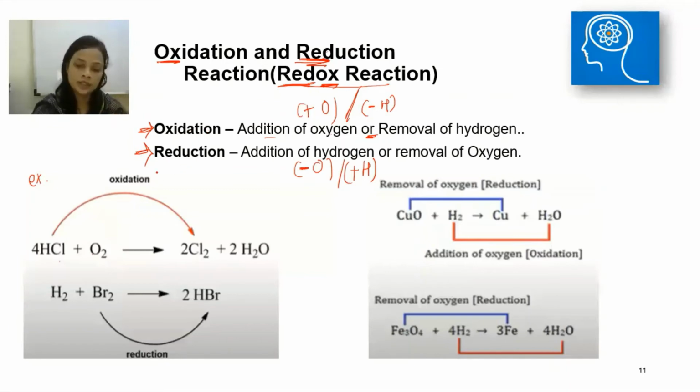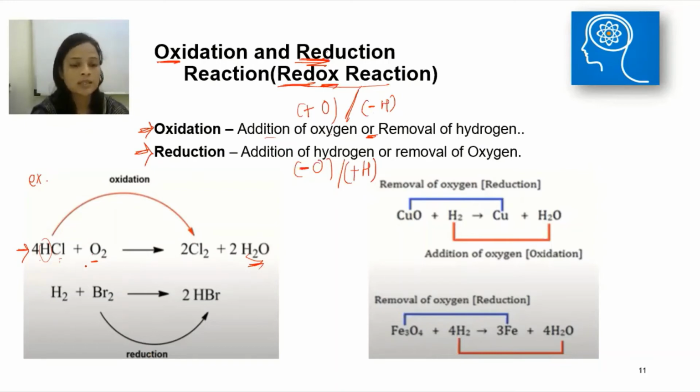After that we'll discuss the example of the redox reaction, the reaction in which the reduction as well as oxidation takes place simultaneously. So first of all, this is the example of the oxidation reaction.